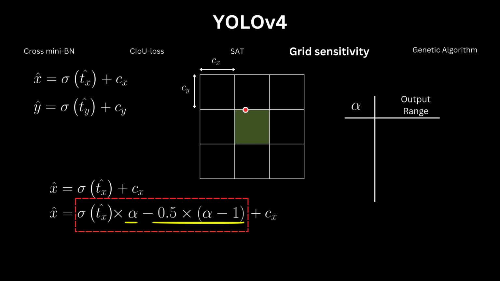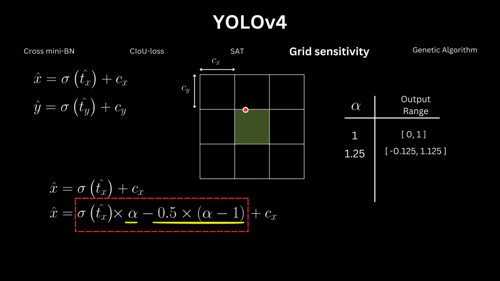Earlier, we were simply adding the sigmoid output, which means the range of values being added were 0 to 1. This is still the scenario with alpha equals 1, as it reduces to the older center location offset conversion. But when alpha equals say 1.25, our range of values that are added to Cx or Cy is from minus 0.125 to 1.125.